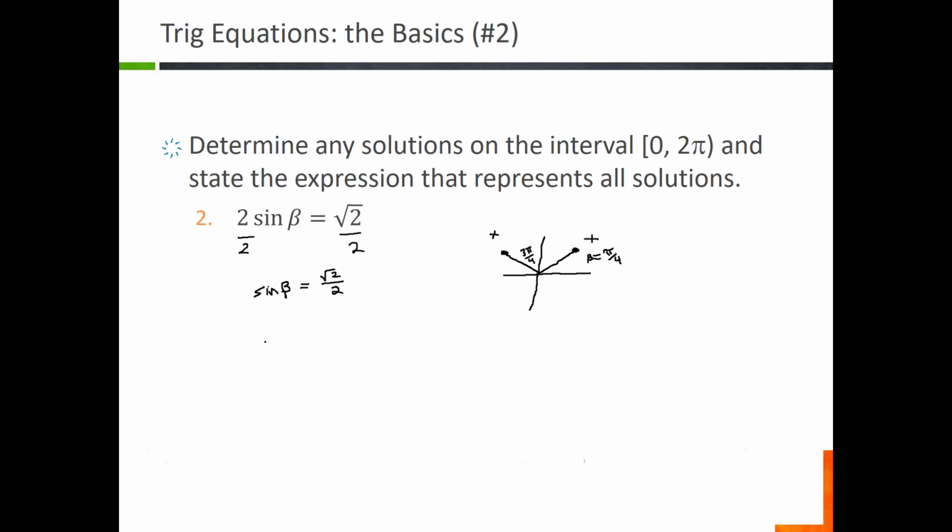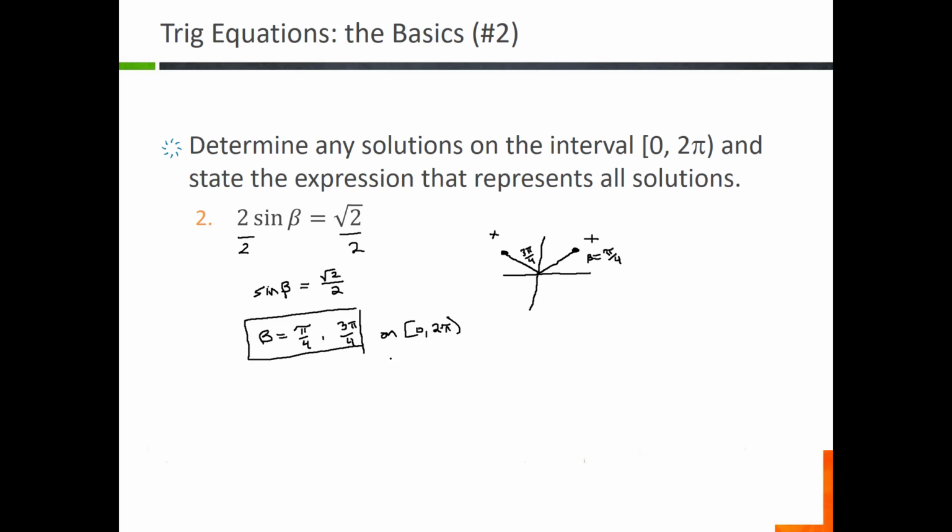And so those are the two answers that we are going to get. So we get beta is equal to pi over 4, comma 3 pi over 4. And again, those are the only answers between 0 and 2 pi. Okay, so those are the answers on the interval from 0 to 2 pi.